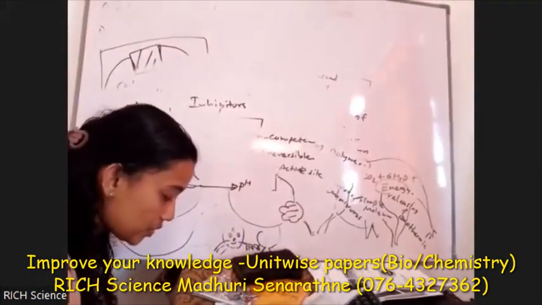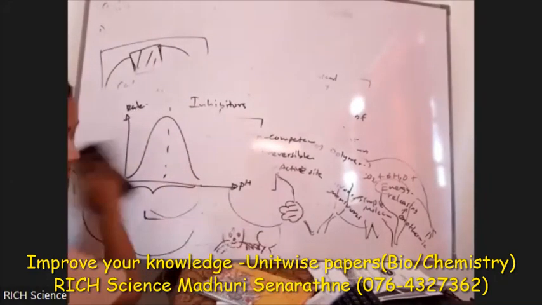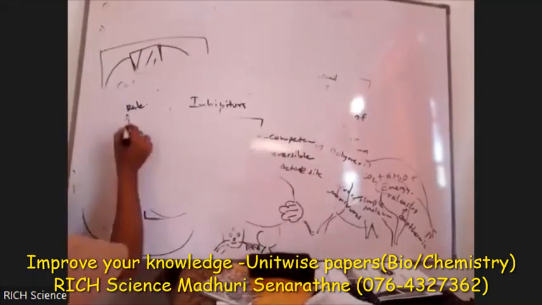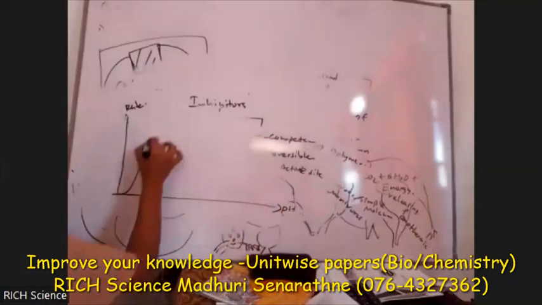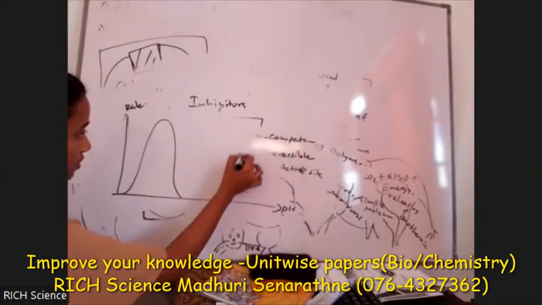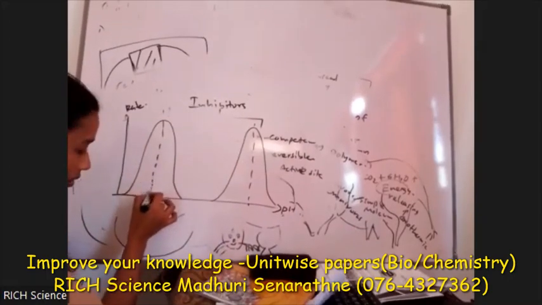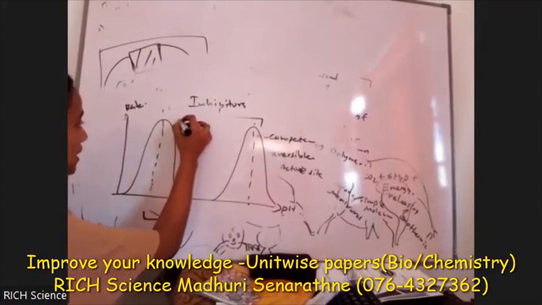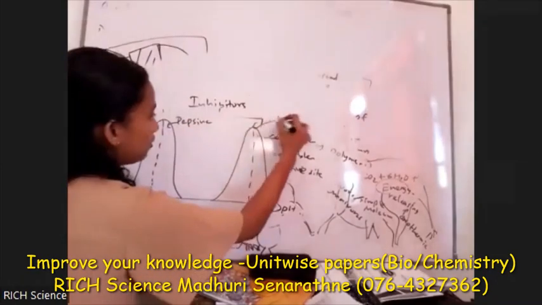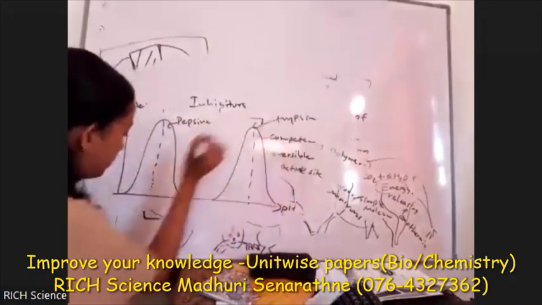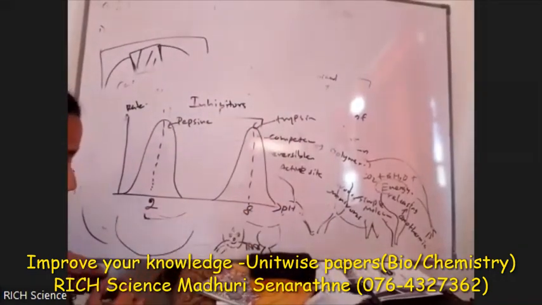Optimal pH values of the enzymes of the stomach and intestine are different. Yes, this is the rate. If this is the pH, there are two graphs. Here pepsin and trypsin. The optimal pH here is 2 and here is 8.